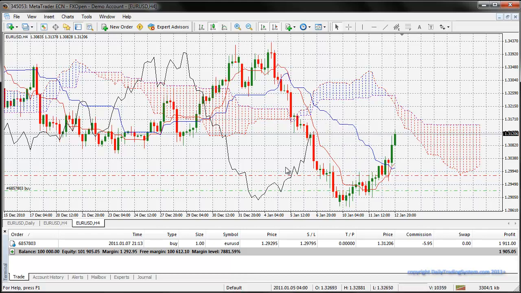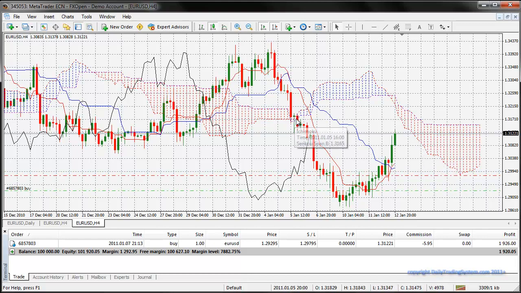And we've got over here the black line, which is called the Chikou Span, and then we've got these perforated lines on the outside, the bottom part and the top part, and these are referred to as Senkou Span A and Senkou Span B, and these represent support and resistance levels.